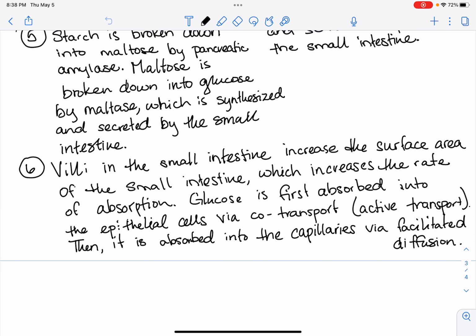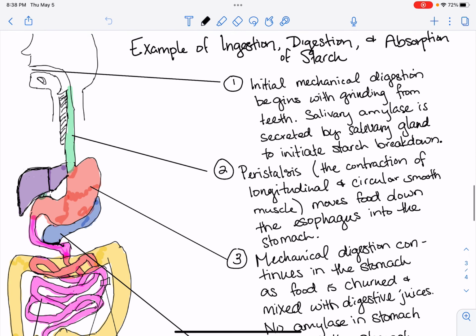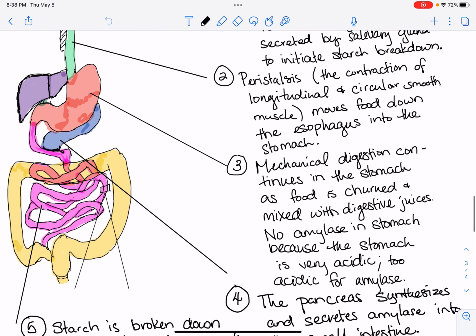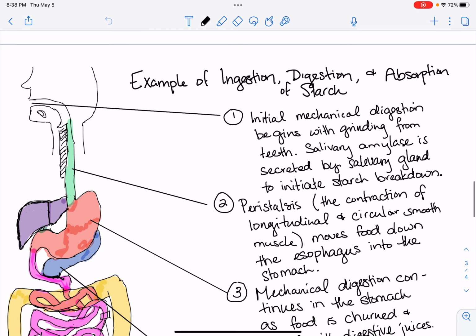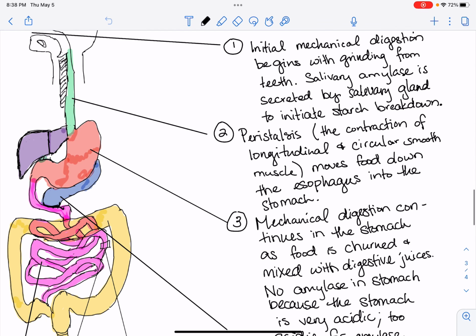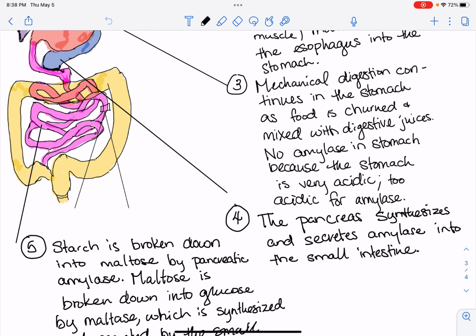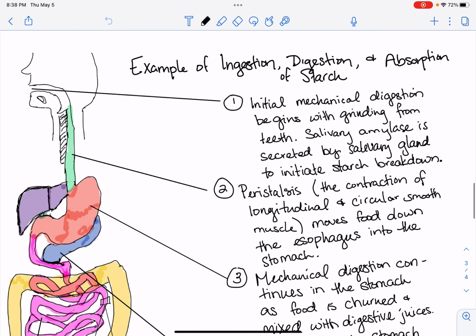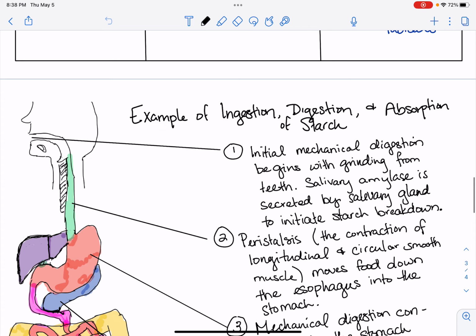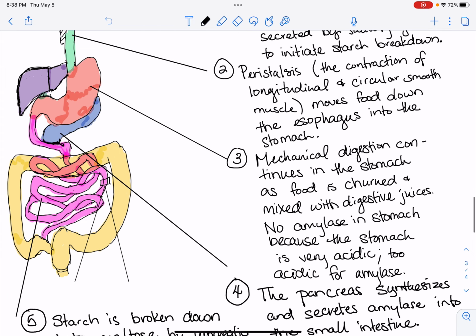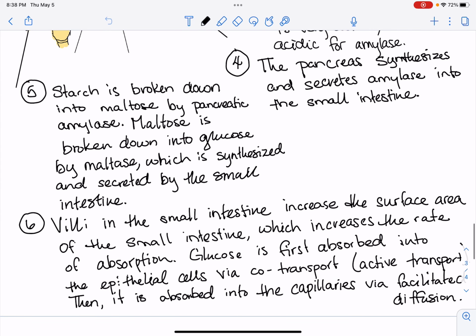Okay, you don't necessarily have to have this picture, but this would be a very clear, concise, fully described 8-mark question. Okay, so that is what they're expecting.